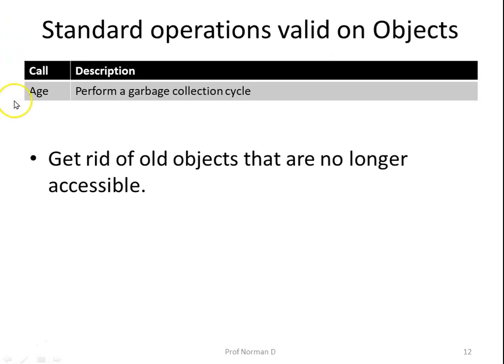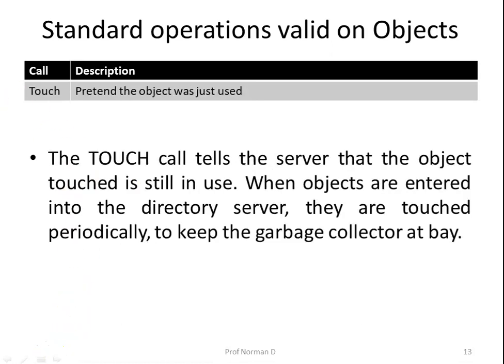So the age call starts a new garbage collection cycle. The next is touch. The touch call tells the server that the object touched is still in use. Now when objects are entered into the directory server, they are touched periodically to keep the garbage collector at a safe distance.